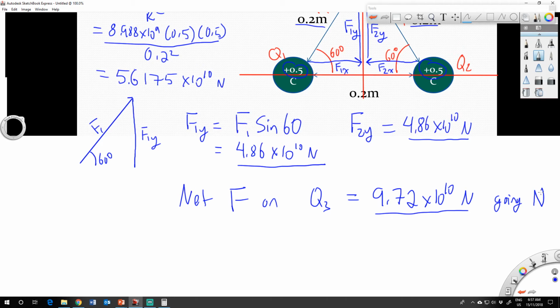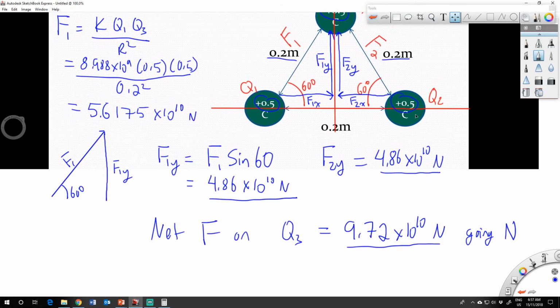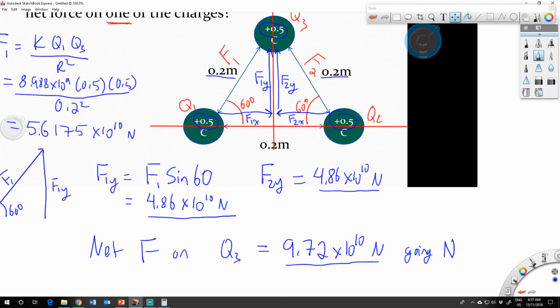So you can treat these electrostatic forces in the same way as you do any other force vector in a problem like this. Now, like I said, you could do the same thing with Q1 and Q2, and you'll get the exact same result. It's just the direction will be slightly different. Q2's force would be going in something like this direction, and Q1's force would be going in this direction.